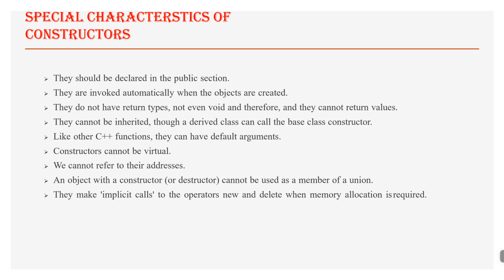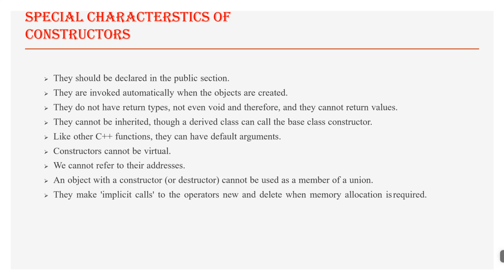There is no separate invoking of the function name, as we have seen in the previous examples, like A dot read, A dot display. There is no question of invoking the function name. The moment we declare an object of that type, it will be automatically invoked.